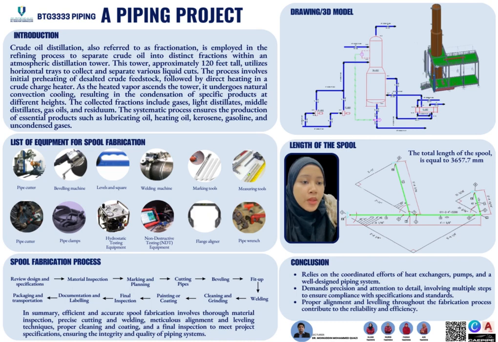The last pipe, pipe 4, includes the flange, gasket, tee, and also the root gap of 8 mm, and the total length for pipe 4 is about 1487.2 mm. So the total length for the spool, including all pipes 1, 2, 3 and 4, is about 3657.7 mm.